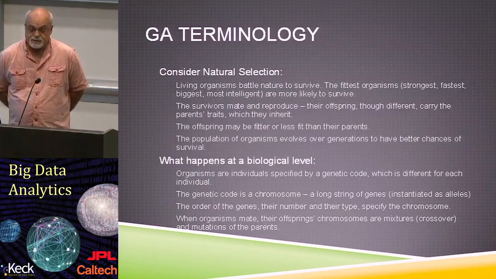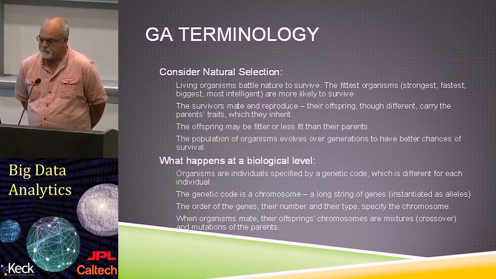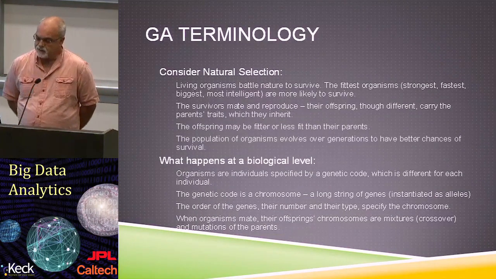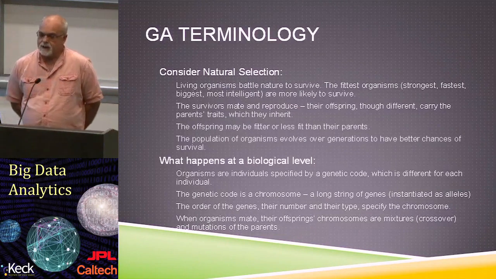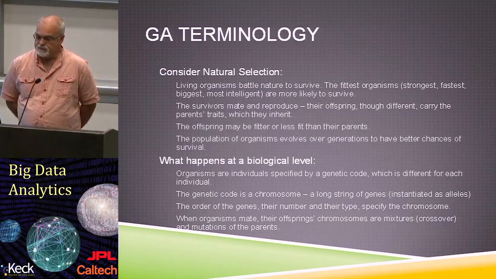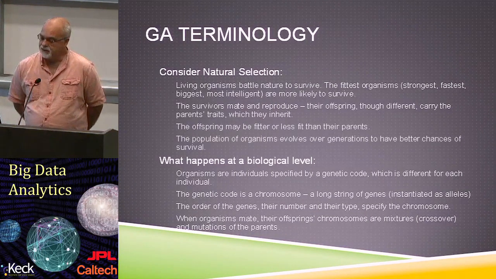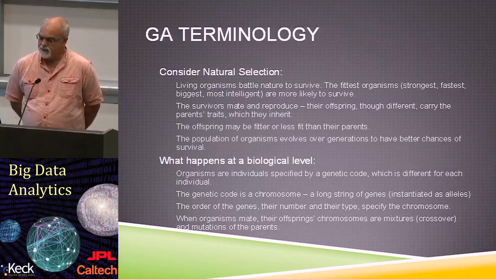Now, the genetic algorithm terminology is taken from natural selection and genetics. And if we consider natural selection, we know that living organisms are constantly battling nature to survive. The fittest organisms, the strongest, the fastest, the biggest, or the most intelligent, or combinations of those, are the most likely to survive.